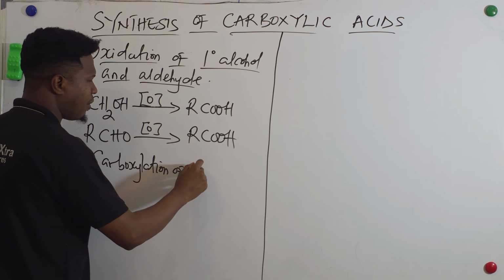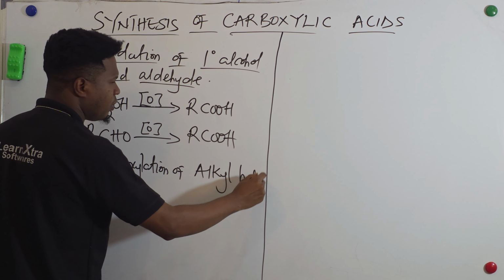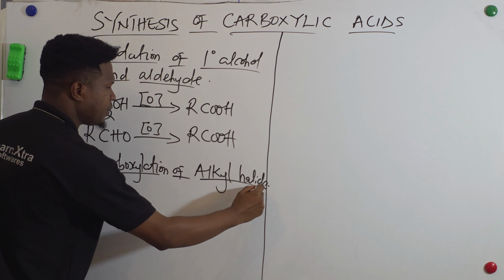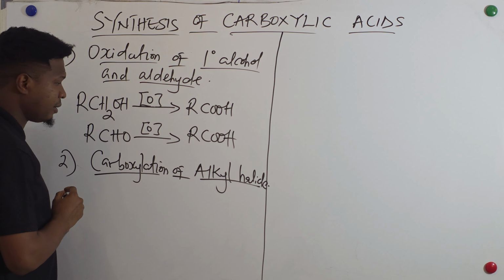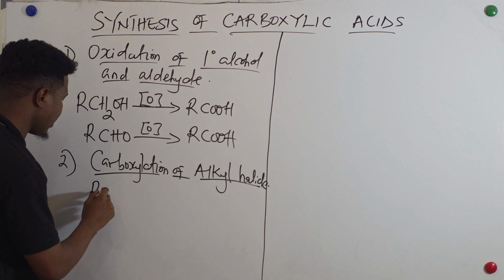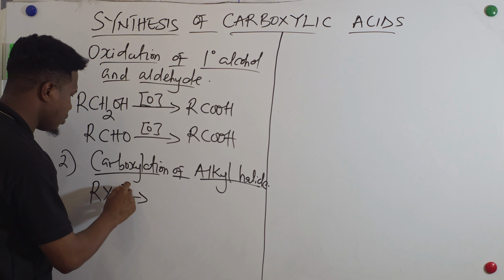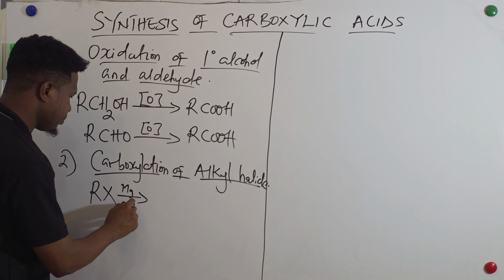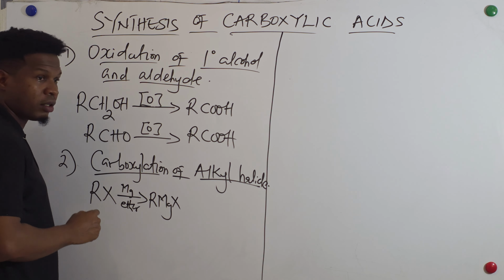of alkyl halide. Remember that we have an alkyl halide, RX. If you react it with magnesium in ether, you get your Grignard reagent.